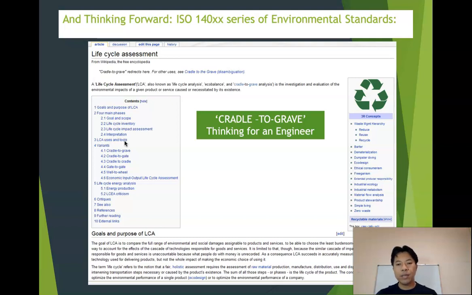And is your product not harmful for the environment? This cradle to grave thinking is very beneficial, because we cannot continuously pollute our earth. We need cradle to grave thinking to ensure that the next generation of humans is able to live in a cleaner world. So use life cycle assessment to indicate that your product is sustainable for the environment.